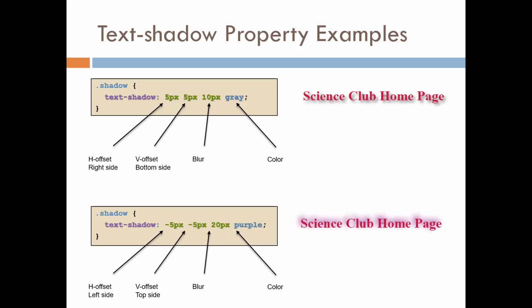So these are actually the same codes as the box shadow, but because this is applied to text, you can see it behind every letter. So depending on what effect you want to have, you can change these numbers up and make it look really cool. Okay, so that is box shadow and text shadow.